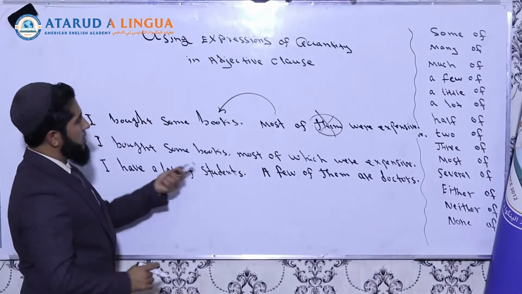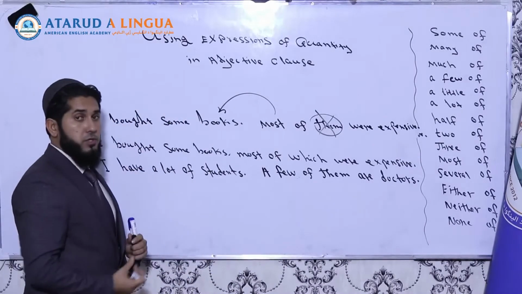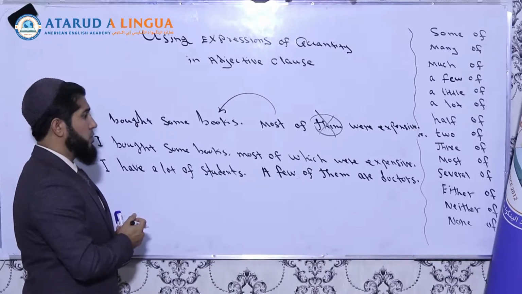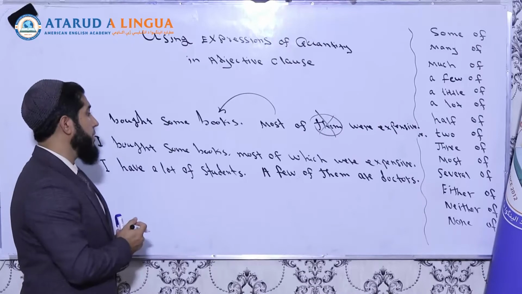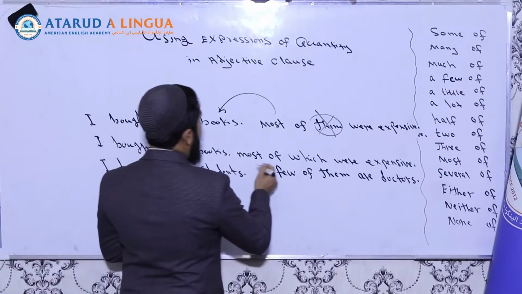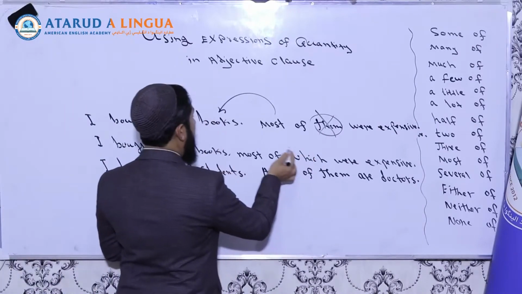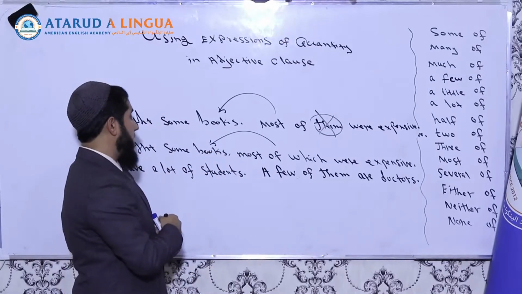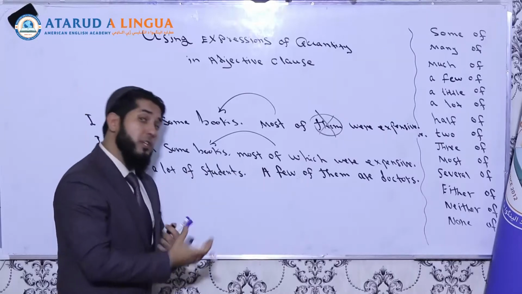So now this is one complex sentence containing an adjective clause. I bought some books, most of which were expensive. So, because our adjective clause modifies the noun books, therefore we use most of which.